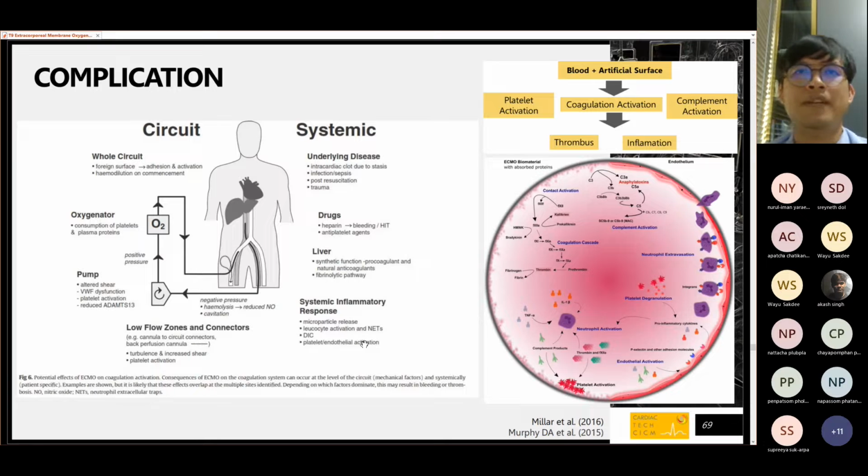The systemic inflammatory response is also the same as the other extracorporeal circuits. The whole circuit contacts a foreign or artificial surface, so it can cause blood function to be impaired, including the oxygenator and pump also.